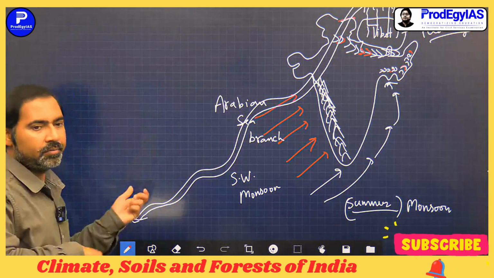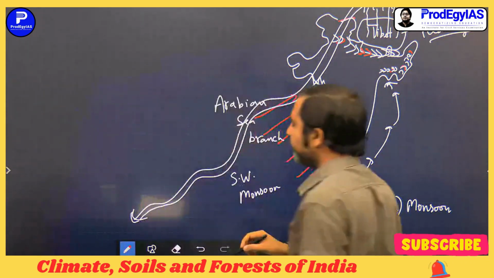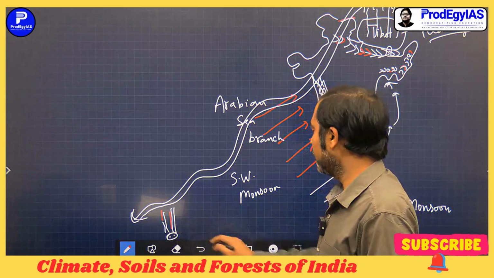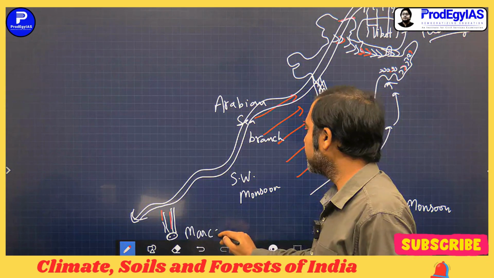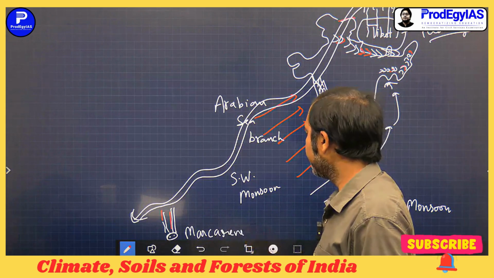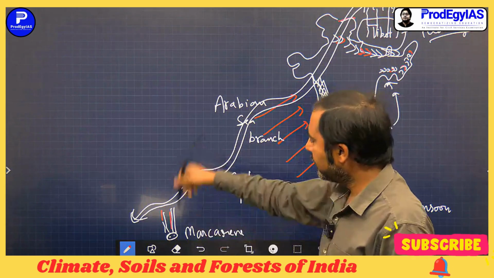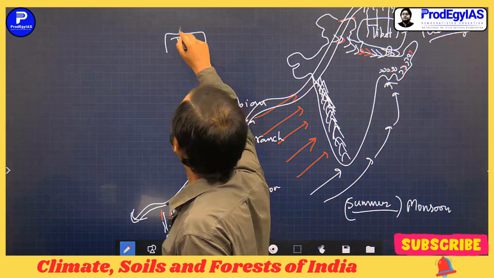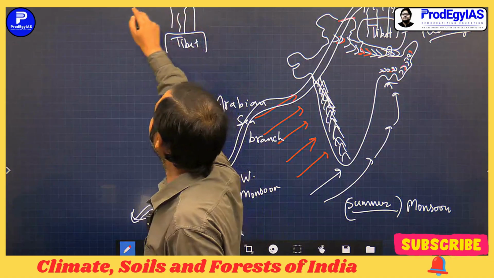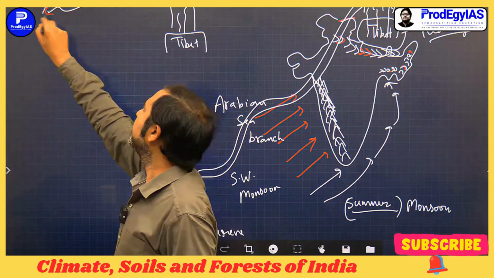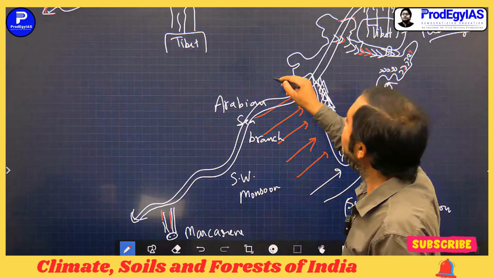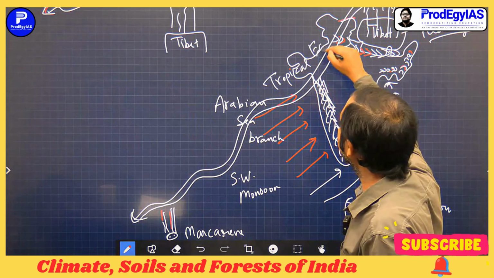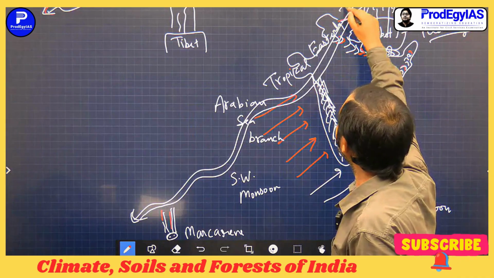It ends just above the Mascarene Island. Here is an island that is known as Mascarene Island. So there it makes, like this is Tibet. Air currents are rising, then a jet stream, and this jet stream is known as tropical easterly jet.